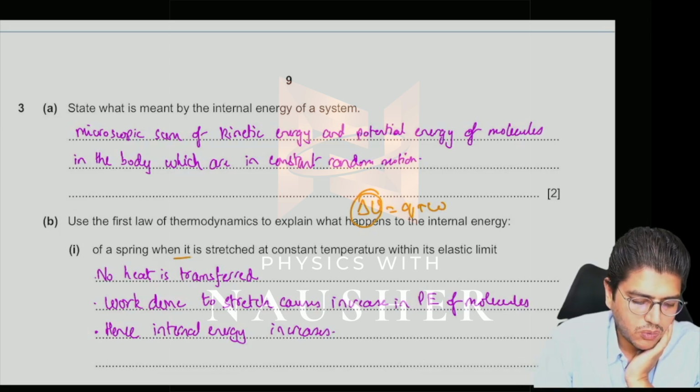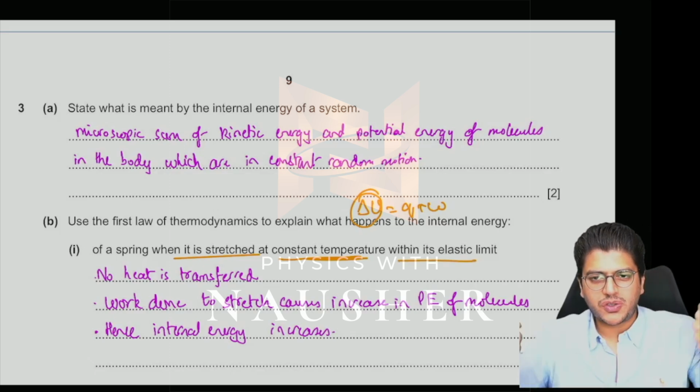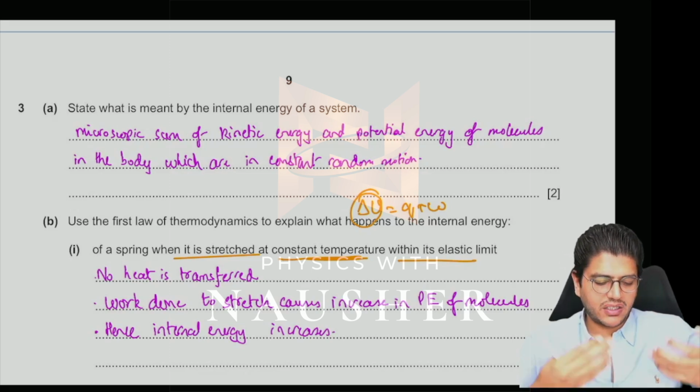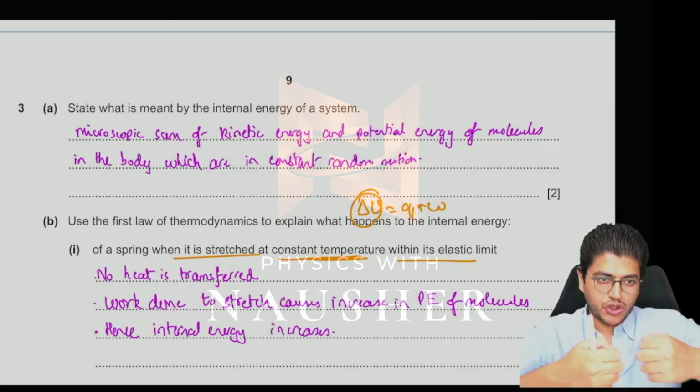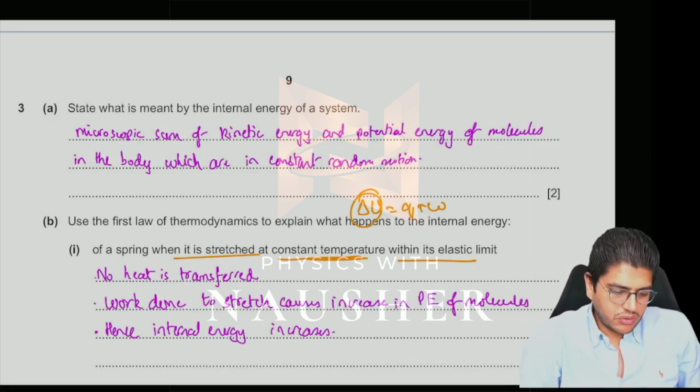Of a spring when it is stretched at constant temperature within its elastic limit. So when you're stretching, that means you are doing work because you're giving it potential energy. You're giving it energy, it's storing that energy, and there's no question of any heat transfer because the temperature is constant.